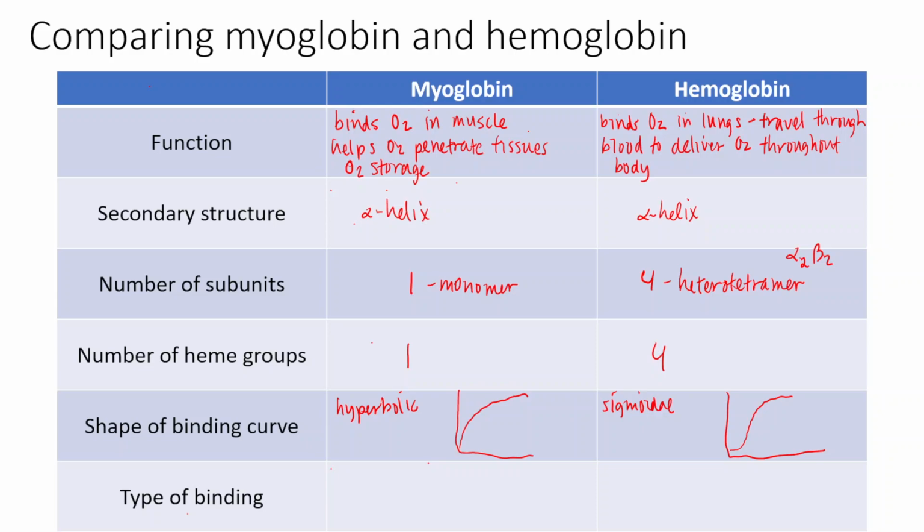So why do we get those different shapes of those binding curves? What type of binding do we see for each of these proteins? There's a special name for it, yeah. Exactly, yeah. So which one has cooperative binding? Yeah, exactly. So hemoglobin has cooperative binding.